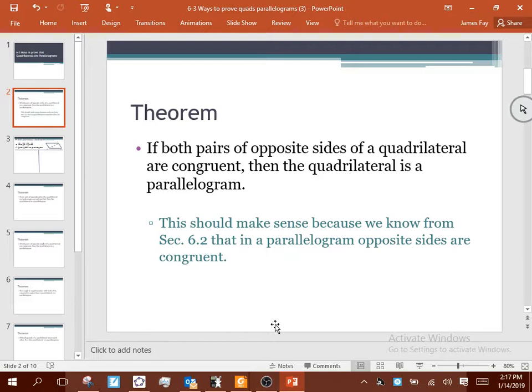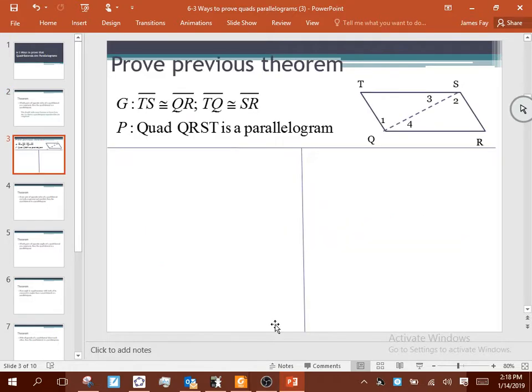If your end all task was to find all four side lengths, if you can do that, and then you can recognize that two pairs of these are the same, doesn't that automatically tell you it's a parallelogram and you don't even have to do the slopes? Does that make sense? So our theorem should allow us to abbreviate some of the algebra that we have to do in trying to prove a shape to be a parallelogram.